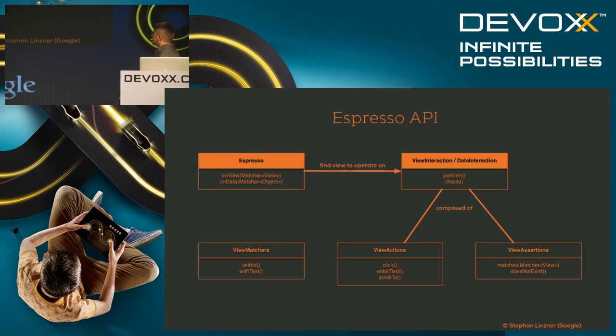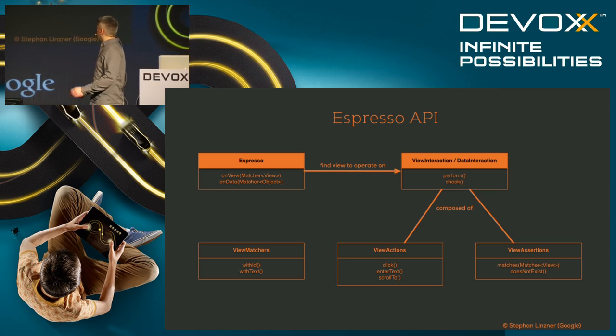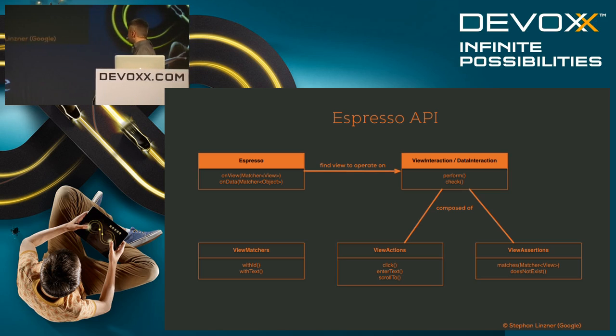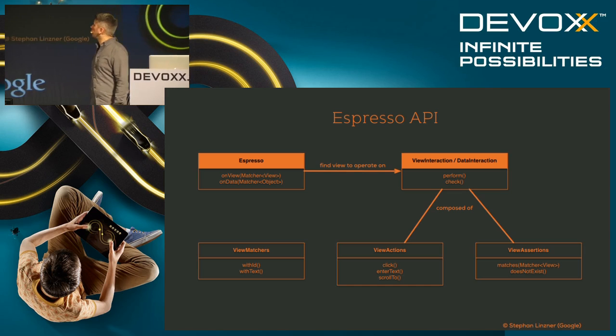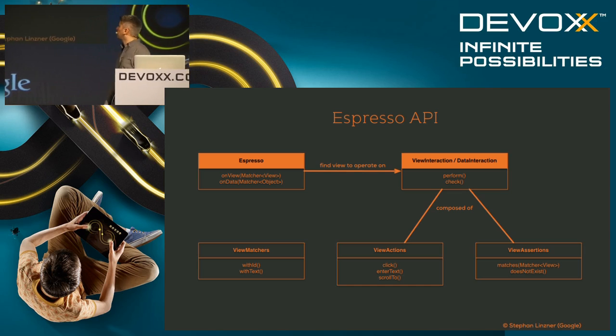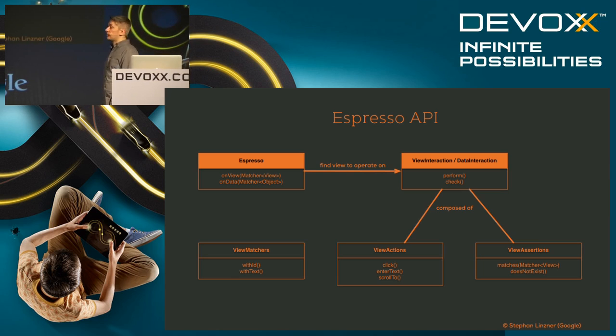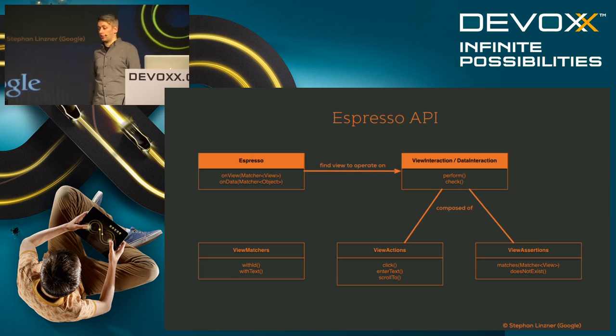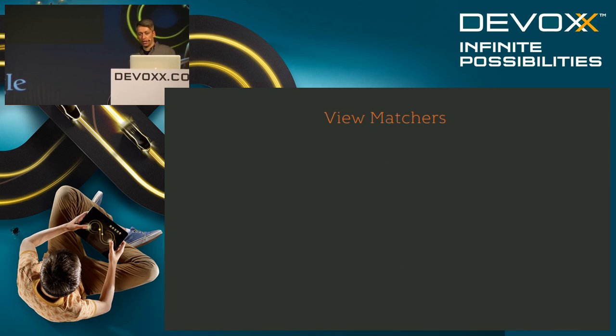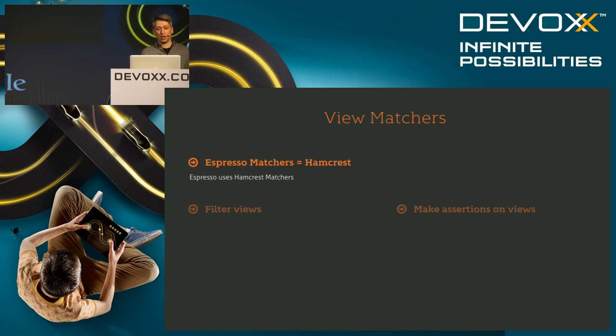And basically, this is the whole Espresso API, how you need to know it, how you need to think about it on one slide. As said, you always will work with these on views and on data, and then you do an interaction, and at the end you can do view actions and assertions. Now, these view matchers, as I said, I did a detour around Hamcrest because Espresso uses Hamcrest matchers.